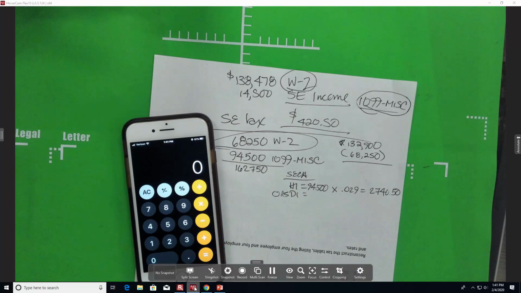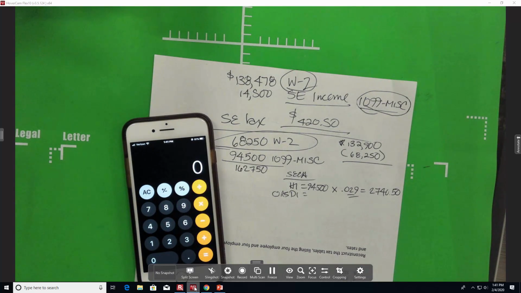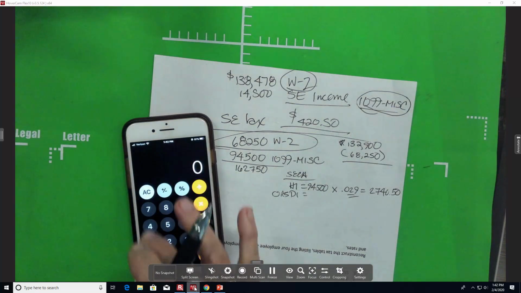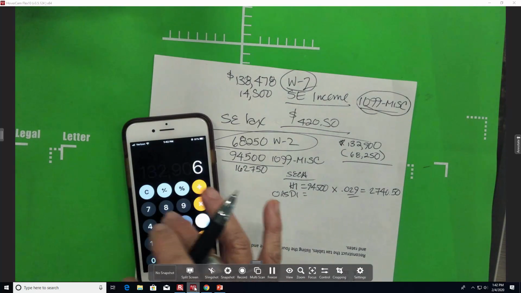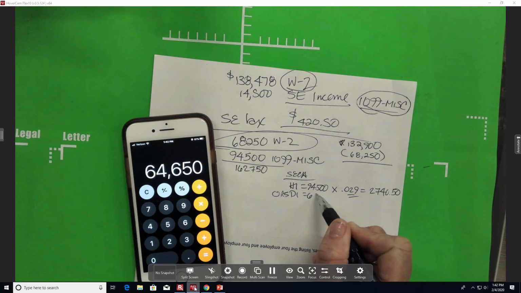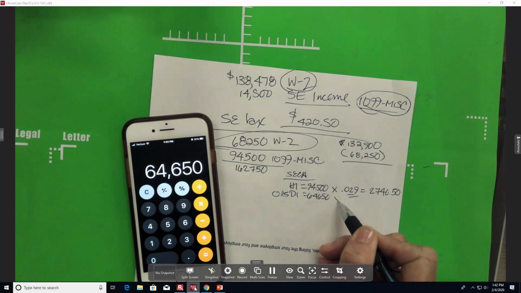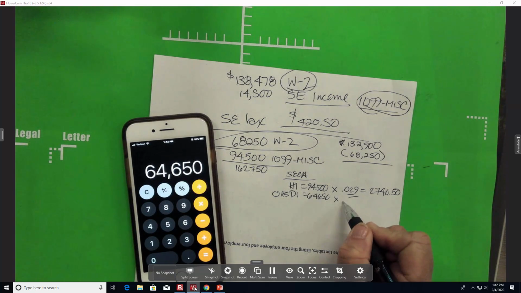It was really the same thing as we did with the high income people that were just wage earners, except you've got to pay attention to both sides, don't you? I don't care how much you went over the cap. I care how much it is up to the cap. What's my percentage? 0.124. Good.